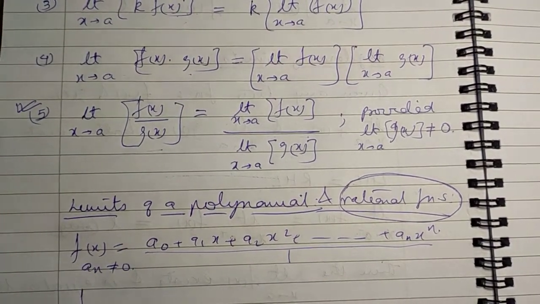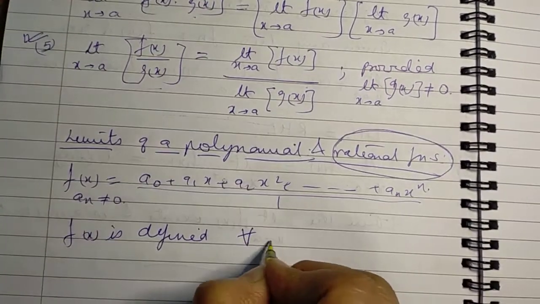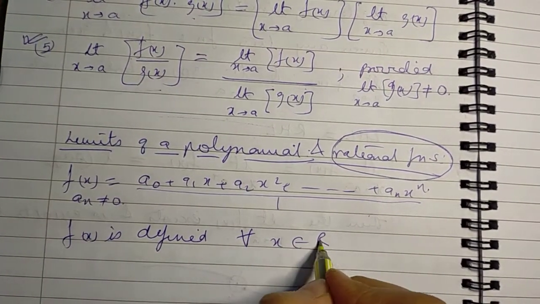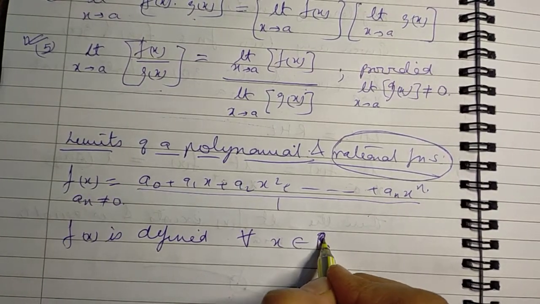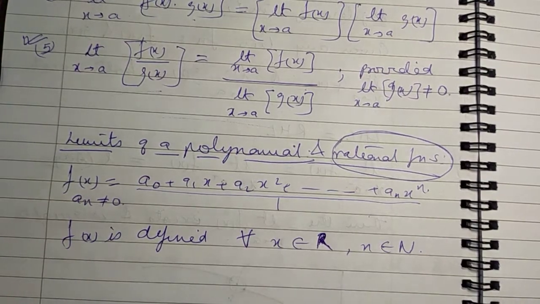So the function f(x) is defined for all values of x belonging to real numbers, where n is a natural number.